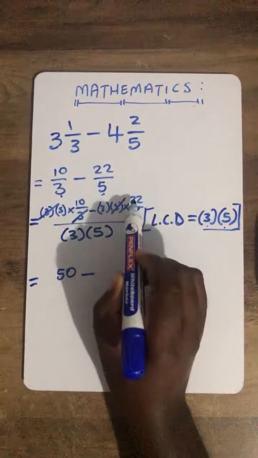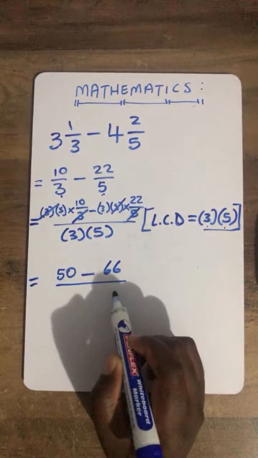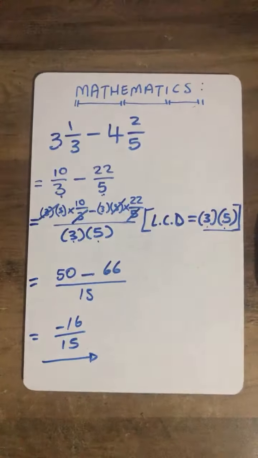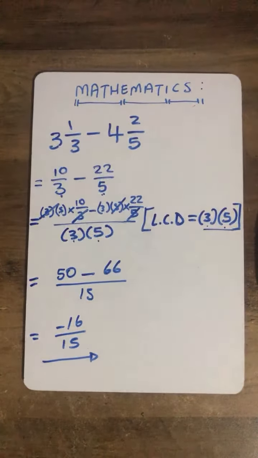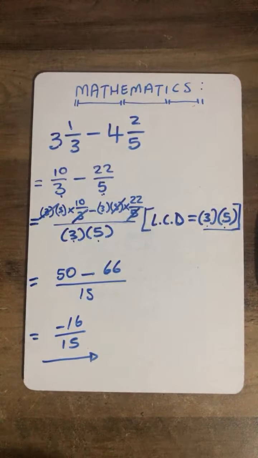Then you have 3 times 22, which is 66, divided by, now you can say that multiplied by that becomes 15. Then you've got negative 16 divided by 15. This is the method that I prefer because it makes it easier where things cancel each other out. It's more like clean work, honorable members.